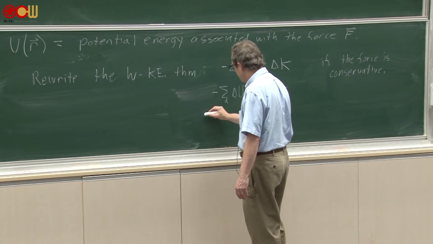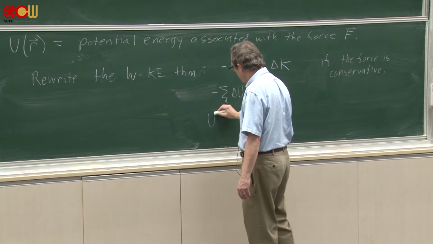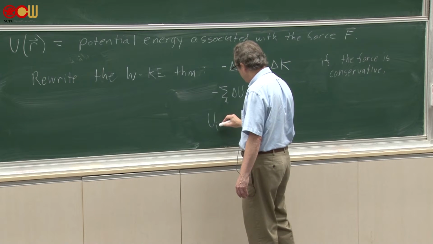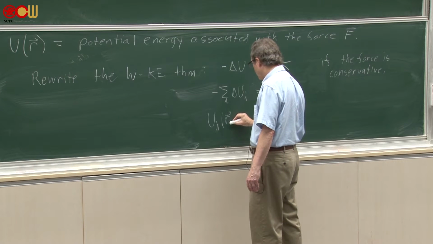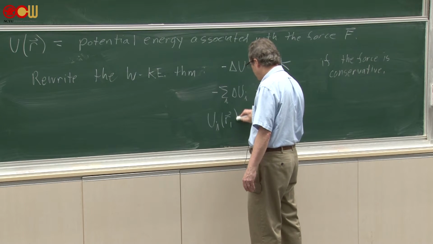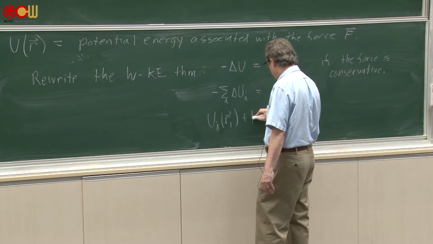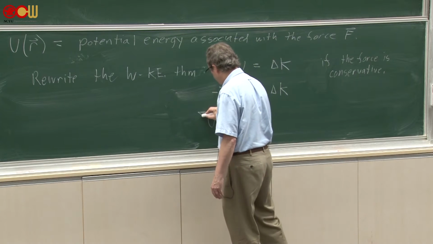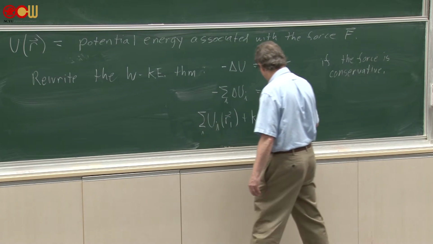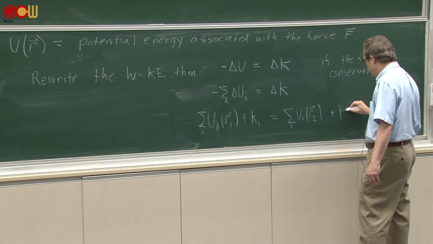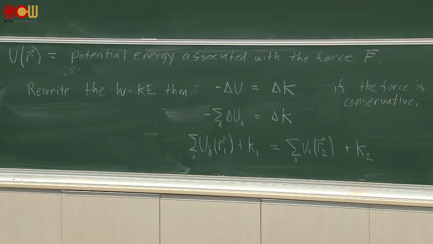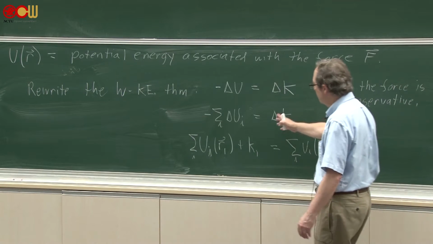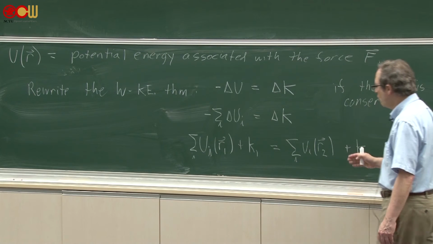I can write this as the sum over all forces of U_i at R1 plus K1 is equal to the sum of U_i at R2 plus K2. So what I've done is I've replaced the deltas with the actual quantities.